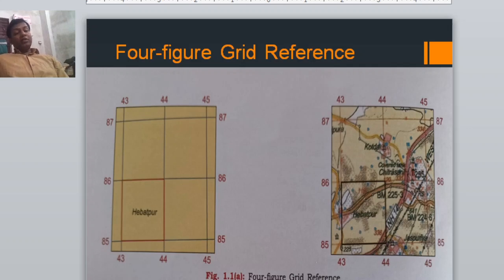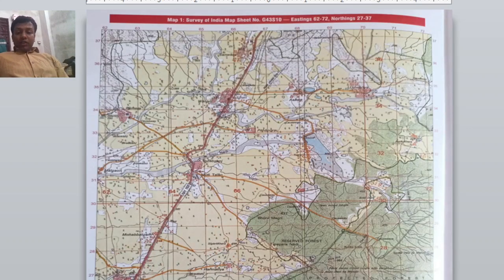Keep in mind. Okay. Now this is your topographical sheet. Zoom it out in your video, and after that you have seen, look at this.